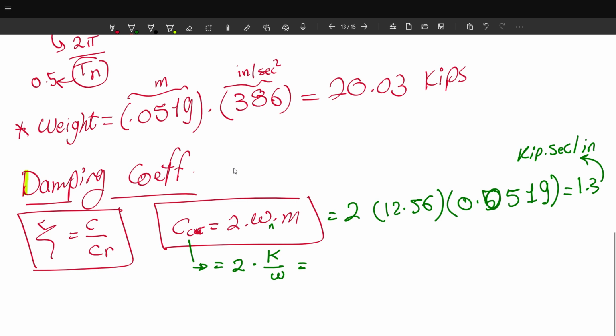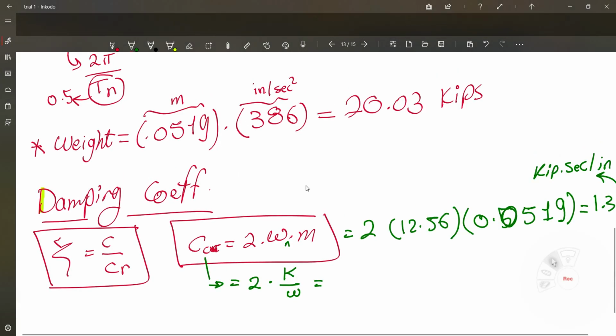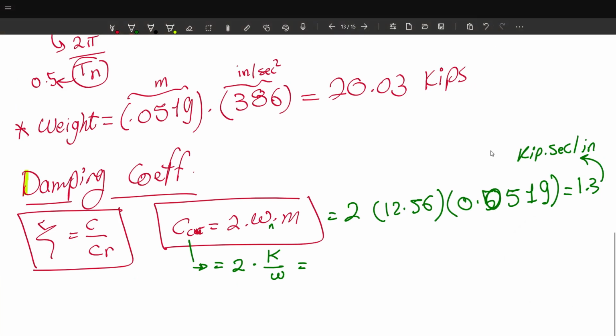Okay, this is what we have here. After that we are going to look at this damping ratio. It equals C over CR, right? So here it is going to equal C over 1.3. And the damping ratio, we know it, because we have already calculated it before.